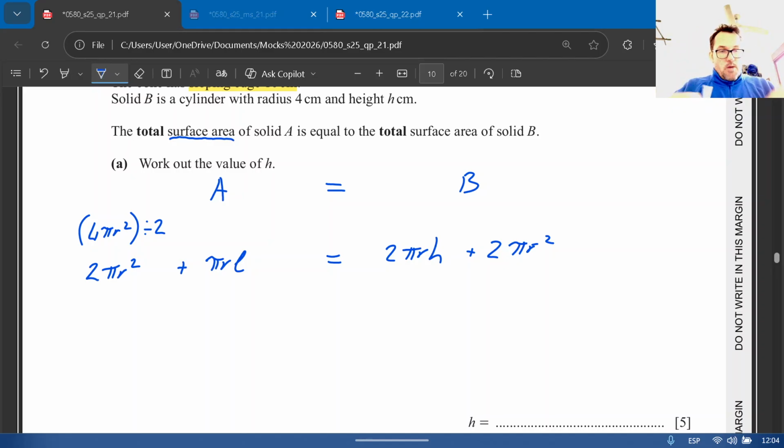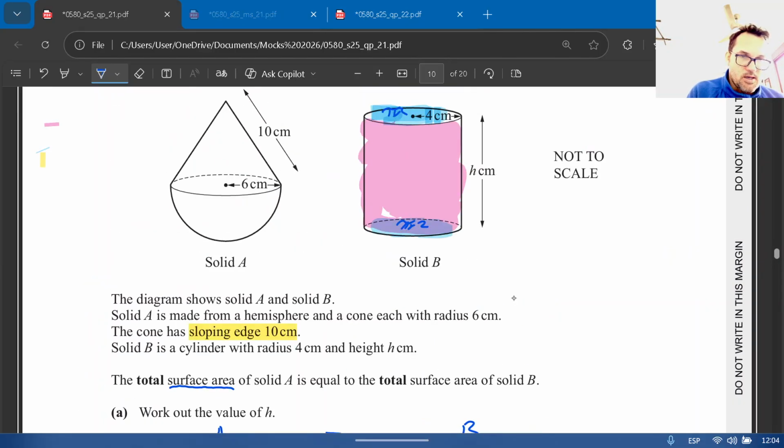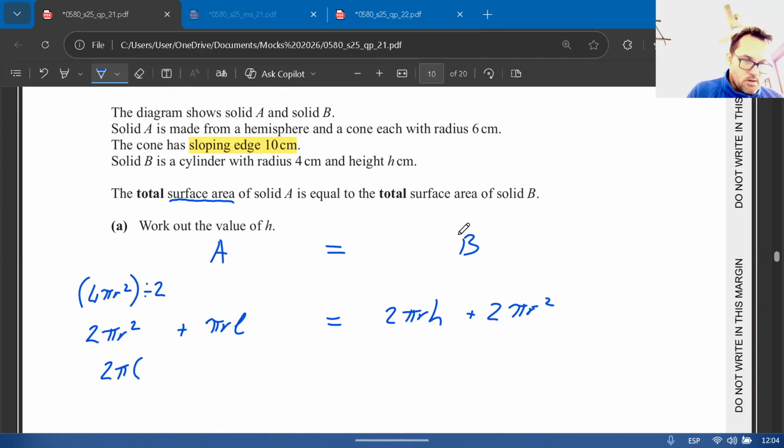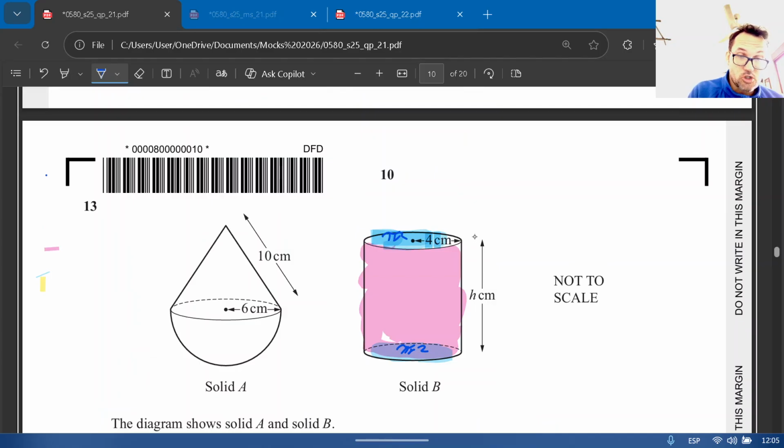Now we can put numbers inside. That would be the next step. So here we got 2 pi, and then the radius for shape A, hemisphere, is 6. 6 squared. And then we got pi. The radius again is 6, and the slant or the sloping edge, that's 10.